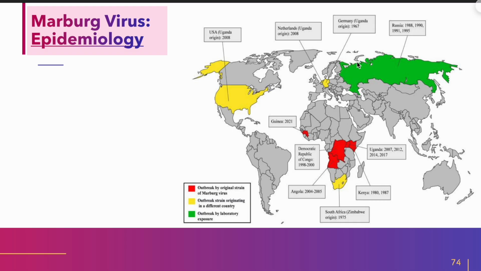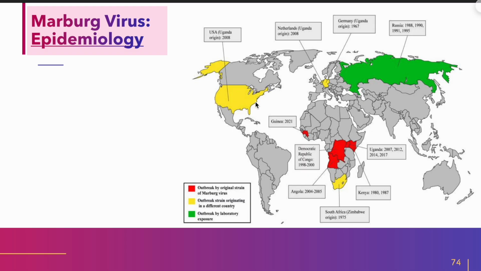In Russia there was also a case in the 1990s, but it happened because of a mistake in the laboratory. It's not an original outbreak, but it came from when they wanted to test the virus and it leaked or spread out.